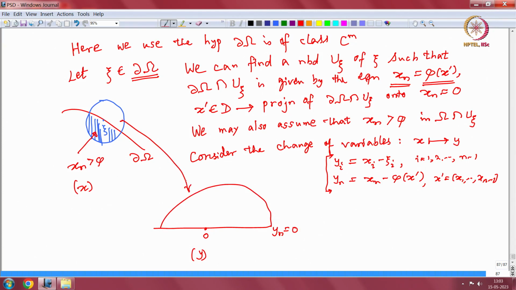So, by choosing a smaller radius if needed, we can assume that there is a cube here. So, this I call Ka plus. Okay. We can still consider the smaller one. Okay.